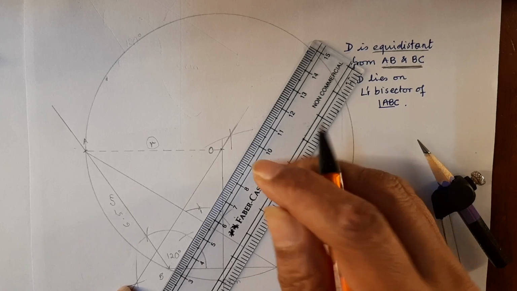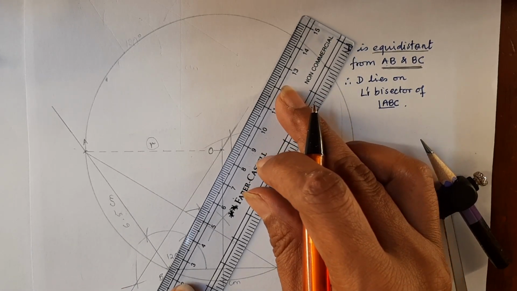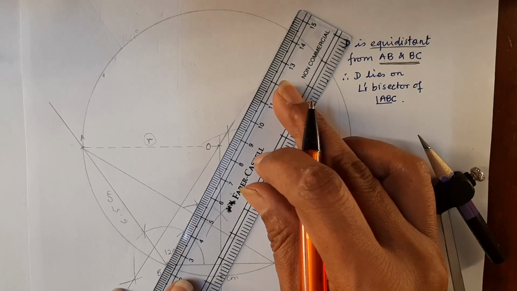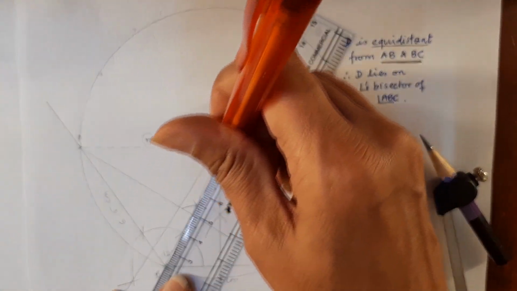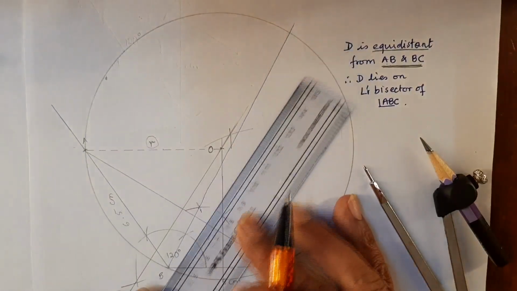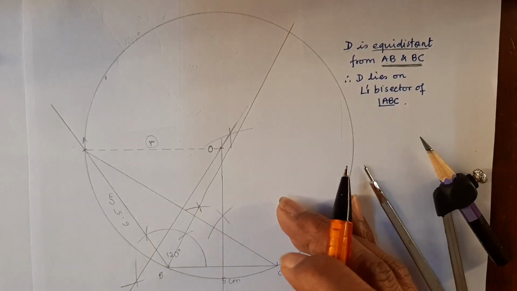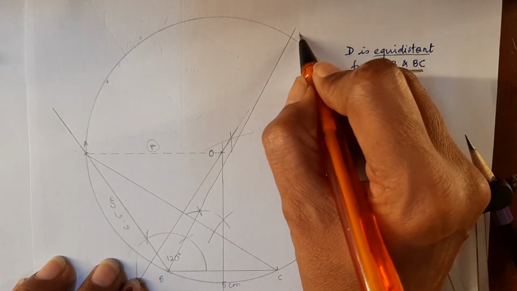Can you see this one? Yes. Okay, this one and B we will be joining very carefully, and where it cuts the circle, that is our point D.